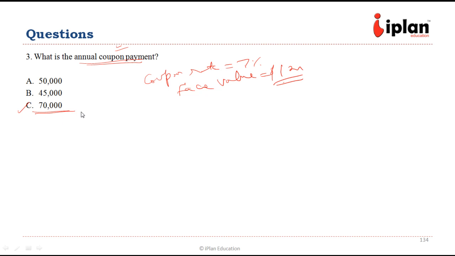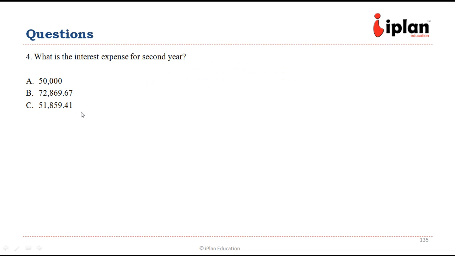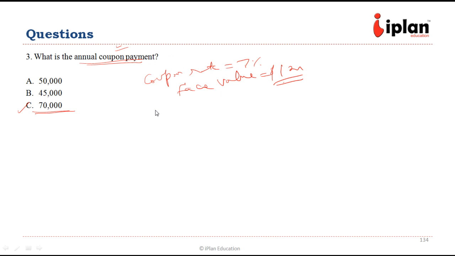Now let us look at question number 4. It says what is the interest expense for the second year? So it requires a certain amount of calculation since it is a bond issued at premium. From the previous calculations, we know the present value of future cash flow, or the book value at the time of issue, has been calculated as 1,054,464.